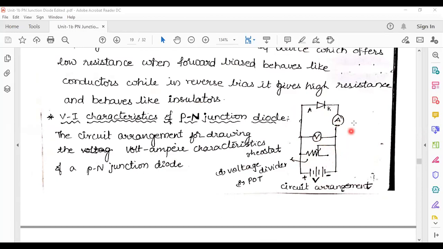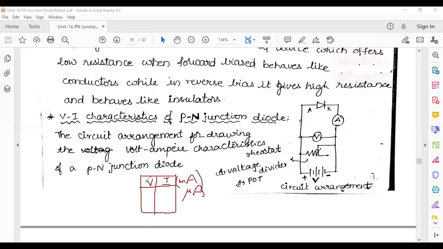By using those current readings as well as voltage readings, I can tabulate a tabular column with respect to the voltage as well as current. In the forward bias direction, the current reading is in the range of milliamperes, whereas in the reverse bias direction, the current is in the microamperes range.